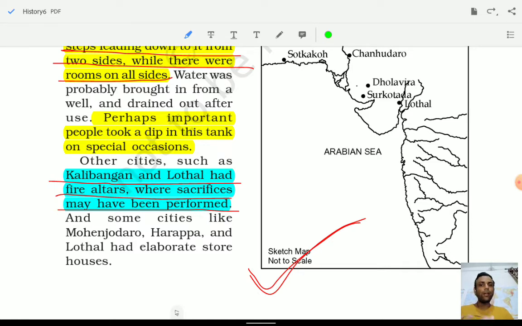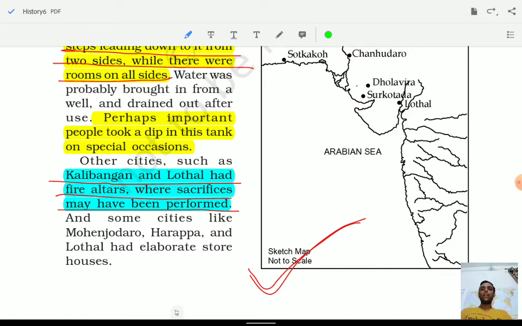Why was it important? Because we have found a Great Bath. So this particular artifact becomes a really important fact for our examination. It may be a potential question in future examinations, so keep this in mind. We will also look at the different locations of the Harappan civilization in just a couple of minutes.